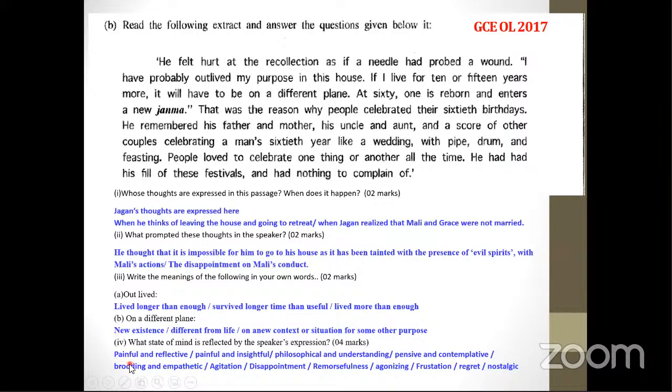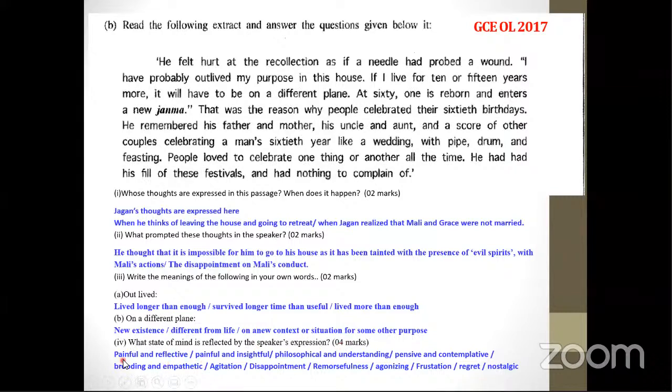All the possible answers that a student could come up with are given in the marking scheme. So we have to focus on at least 2 points and write a description of about 4 lines, because there are 4 marks.